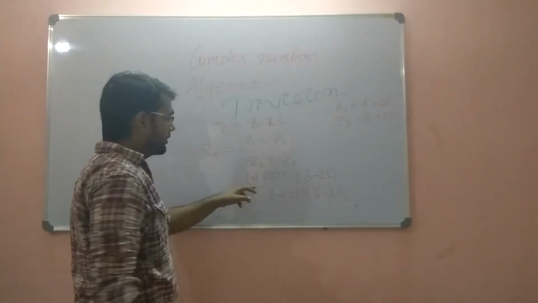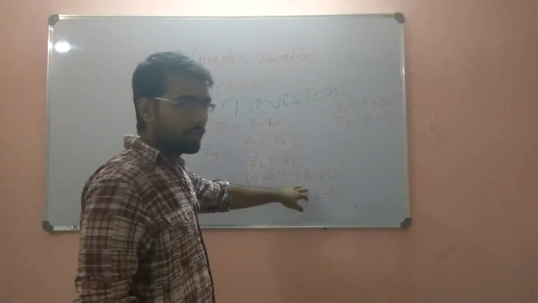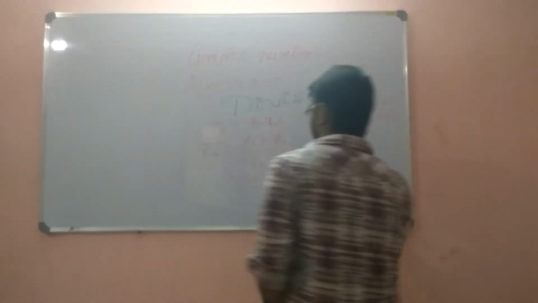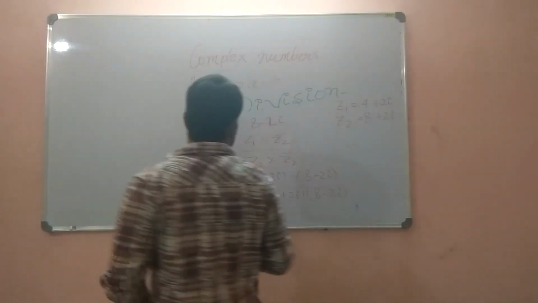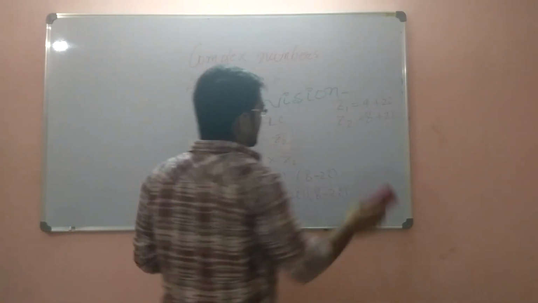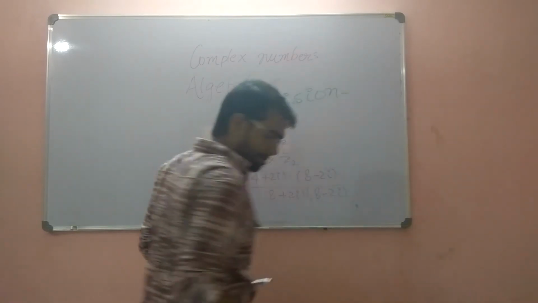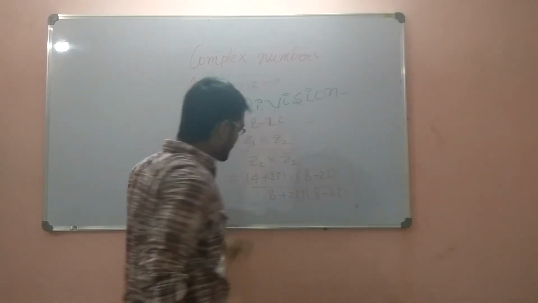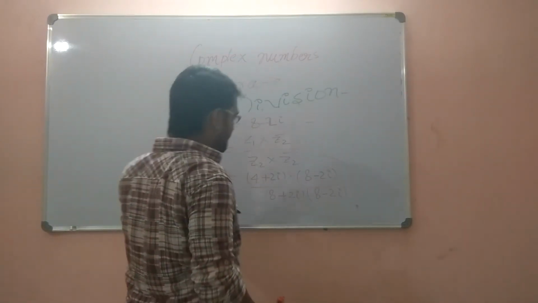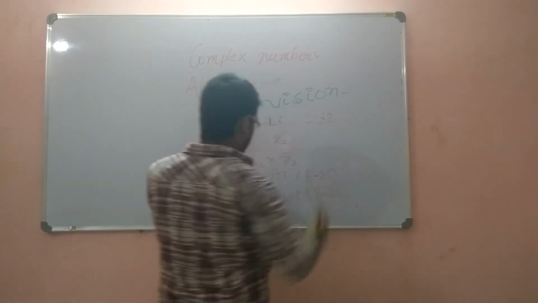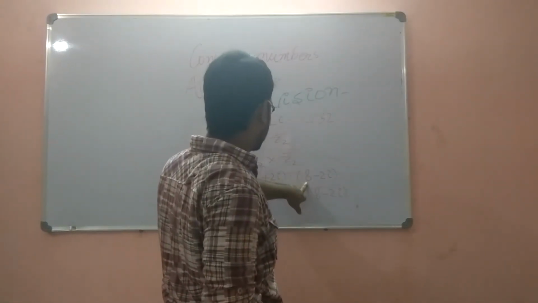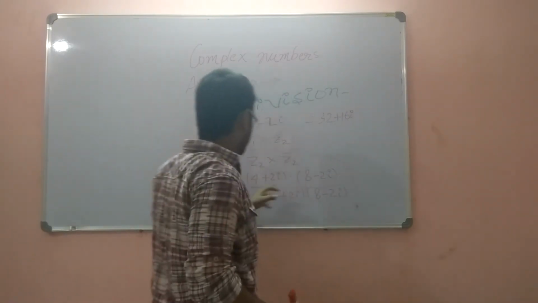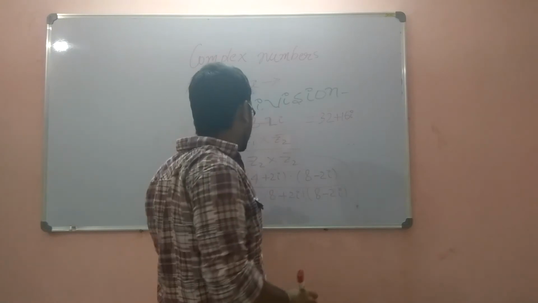We have earlier seen how to multiply complex numbers, so I am just doing it straight away. This will be equals to 32, and this is 16. So this one and this one are over.